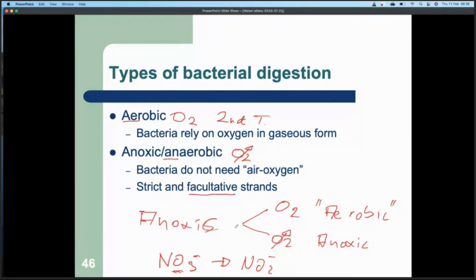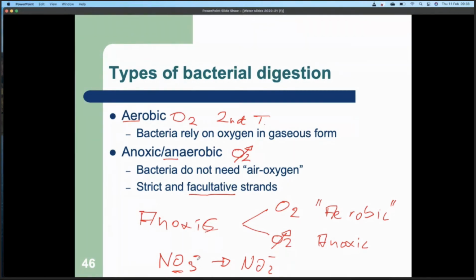So if you switch the air off, they don't breathe air anymore, but they'll breathe nitrate. They reduce nitrate to nitrite and so on. And that is what we call denitrification. The main role of anoxic bacteria in the sewage works is to denitrify the water. So that is the removal of nitrogen, and I'll come back to that at a later stage.